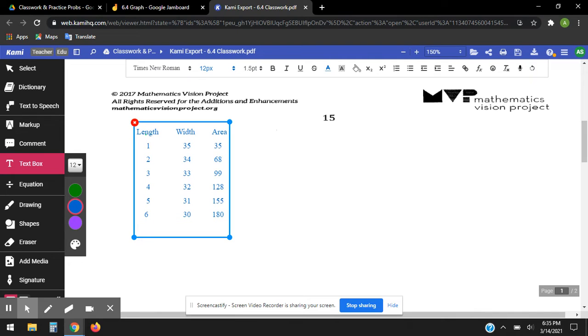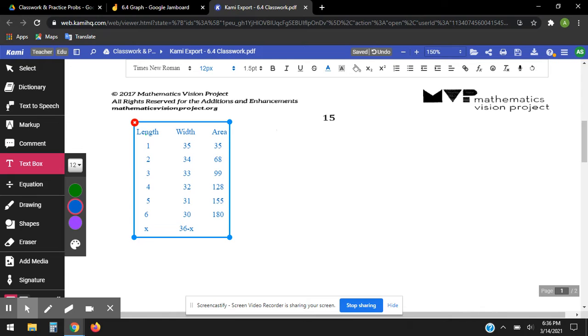I'm going to add another row. Do I see a pattern as to what's happening to get my width? So to get my width, I had my length. What did I do with that to get the width? Well, I subtracted it from 36, right? My width has to be whatever the length is subtracted from 36, because they add together to get 36.